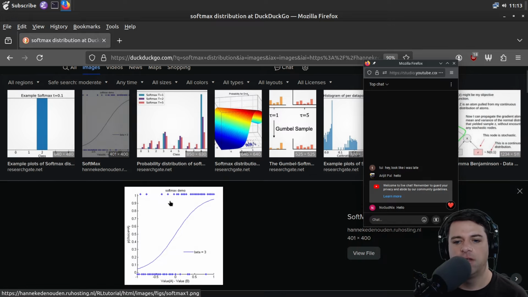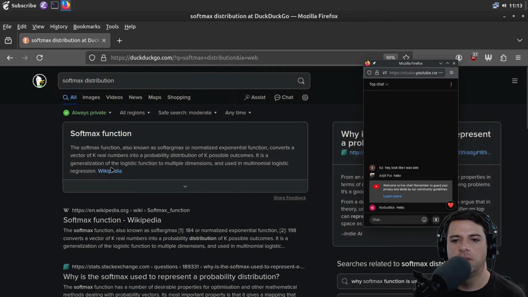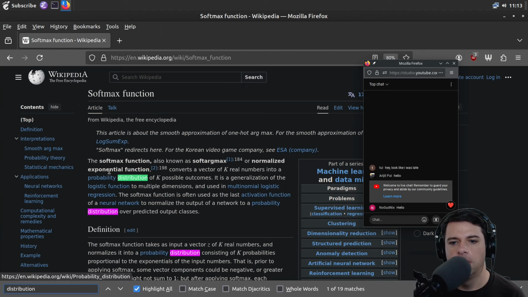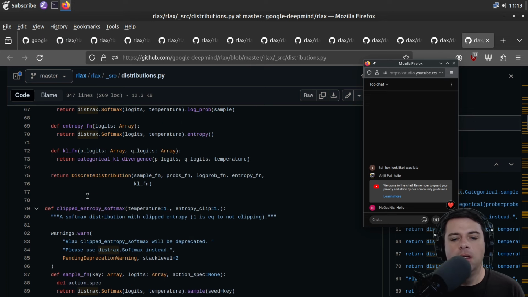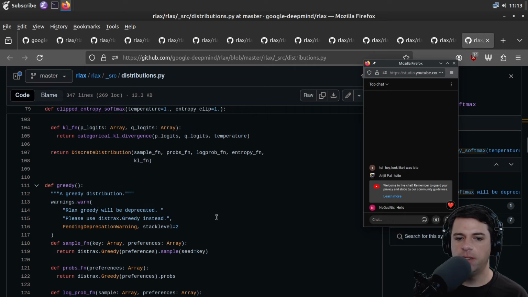Oh, I guess if it integrates to 1, then you can use it as a distribution. Okay. We have the clipped entropy softmax. A softmax distribution with clipped entropy. 1 is equal to not clipping. I don't know what it means to clip the entropy, but that's a thing.